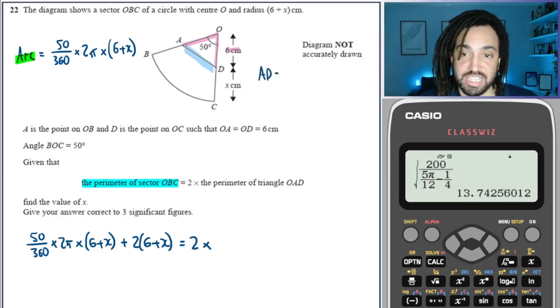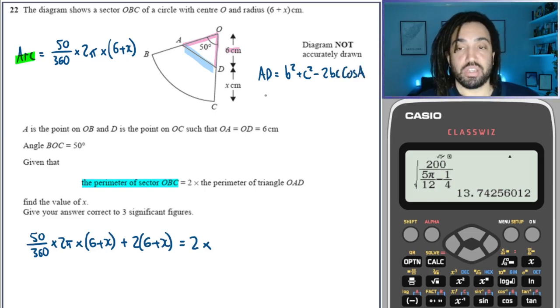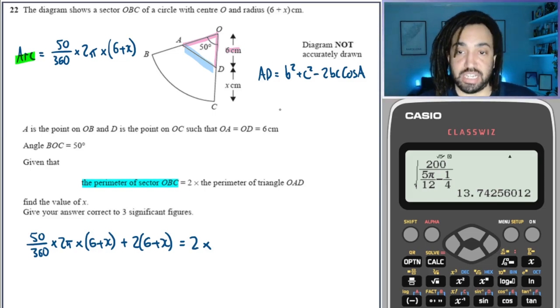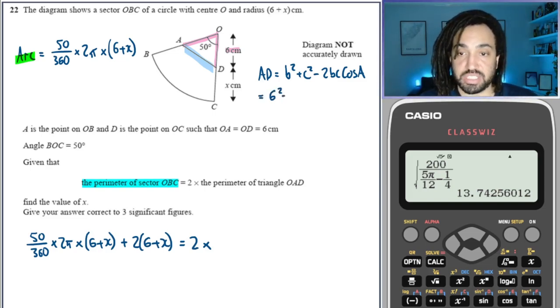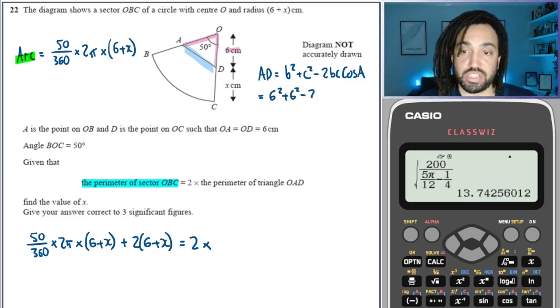So AD is equal to, the cosine rule is b squared plus c squared minus 2bc cosine of capital A. So it's the two sides next to the angle, which are the b and the c. So they're both 6. So it's 6 squared plus 6 squared minus 2 times 6 times 6.